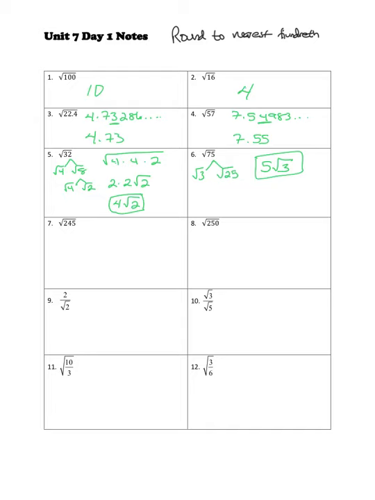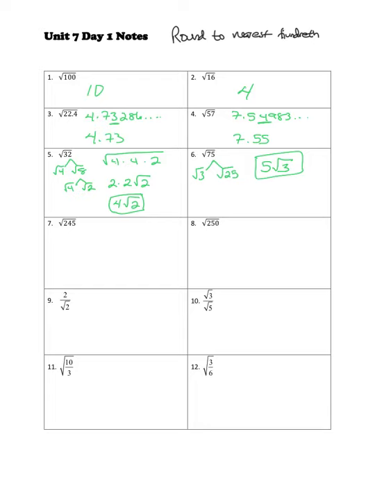Alrighty. Now 245, that's a big one. Let's see if maybe a square works. 25 doesn't work. What is 245 divided by 25? That doesn't work either. So let's keep on going.